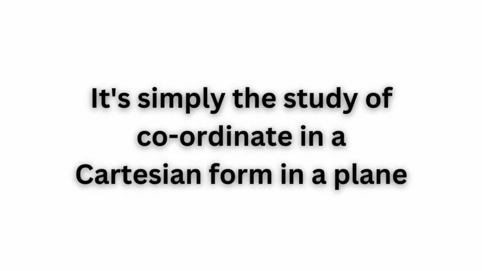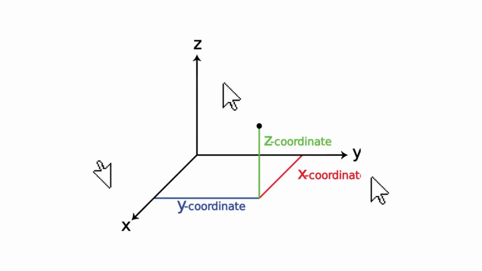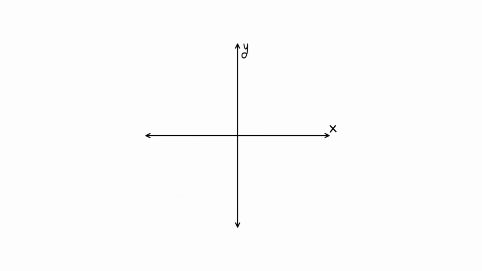Do not forget, Cartesian means graph, representing points or numbers in a graphical form. Note, we have coordinates in three axes, something like this: the y-axis, the x-axis and the z-axis, but our main focus here is two axes. Everything we'll be dealing with in this topic will be the study of this.